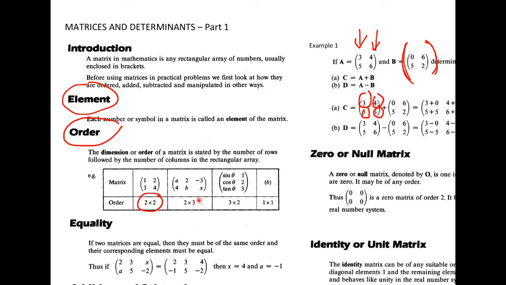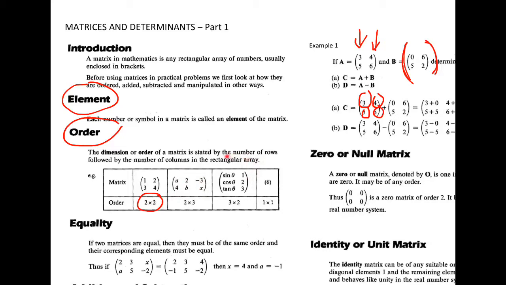And here we have a 2 by 3, where we have 2 rows. That's 1 row, and that is the second row. 2 rows and 3 columns. That's 1 column here, a second column, and the third column. So this matrix here is called a 2 by 3. That's 2 rows by 3 columns.